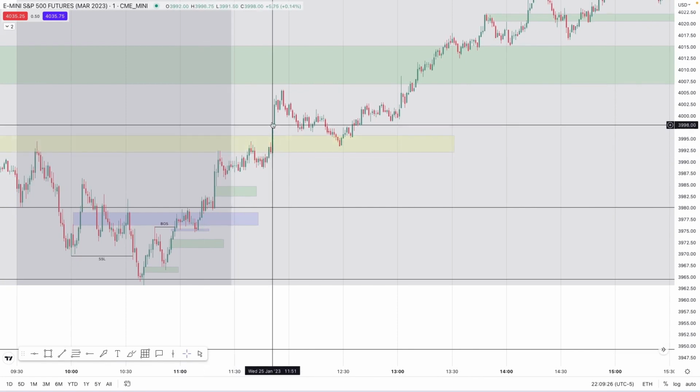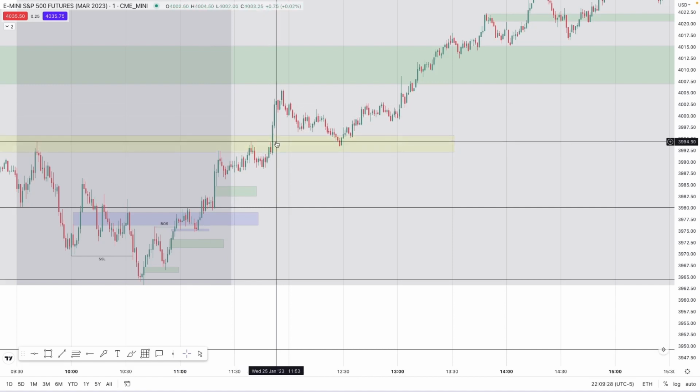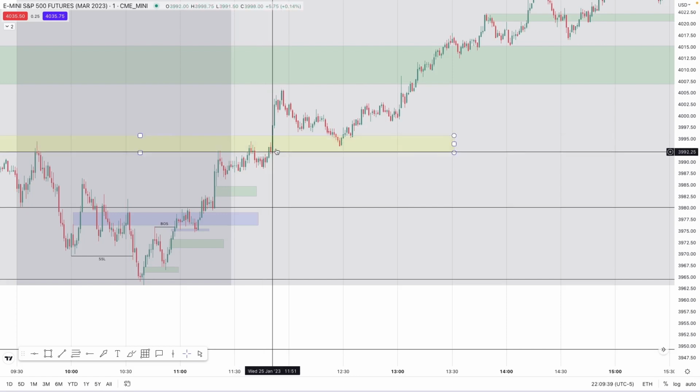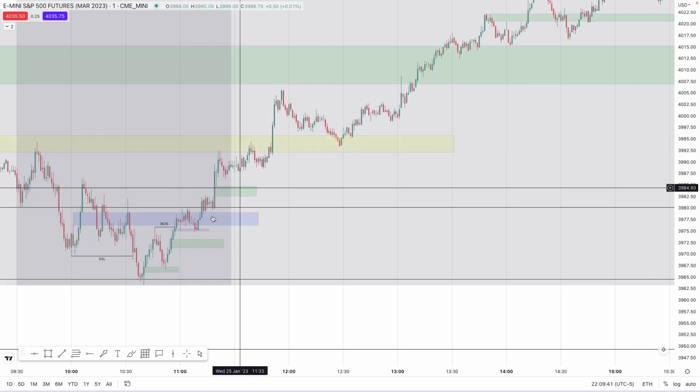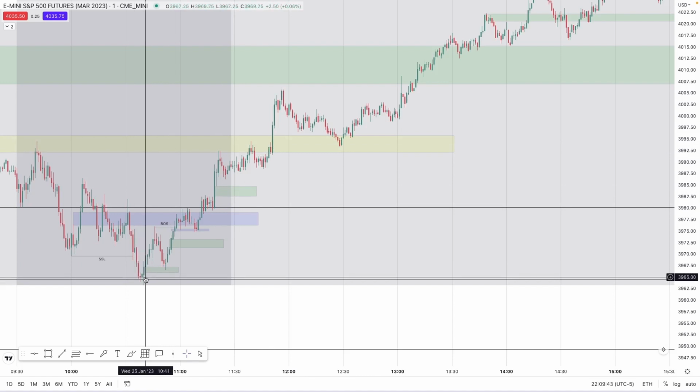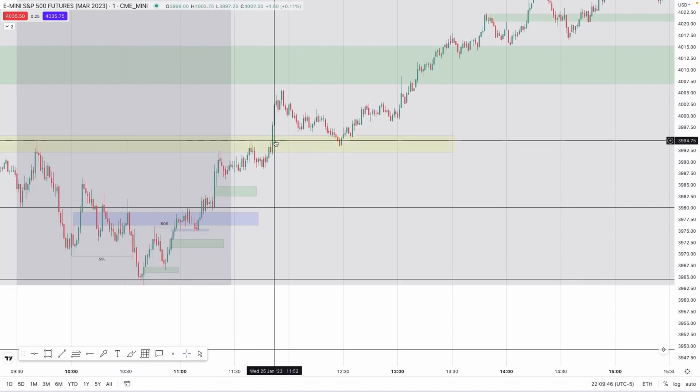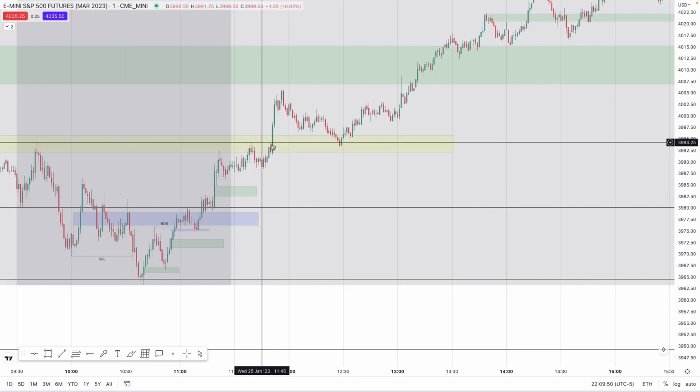Price moves energetically away from there, creates this fair value gap, and we have an order block right here. So one thing to note is that when you have this internal liquidity move, because our higher time frame was down here, now we're in the internal of the PD array. Here's your order block.